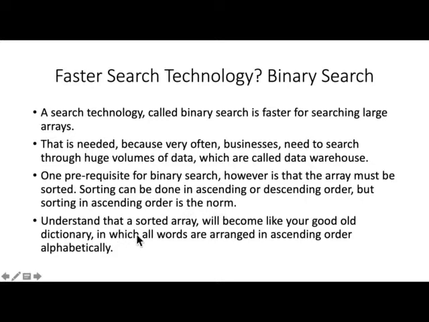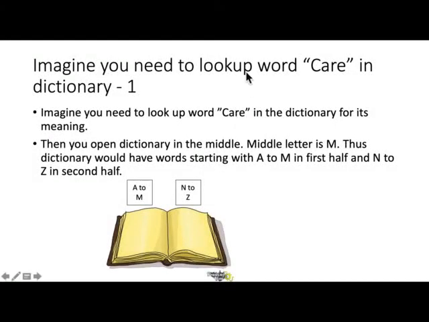Understand that a sorted array will become like your good old dictionary, in which all words are arranged in ascending order alphabetically. So taking an example of a dictionary, we're going to explain the theory of binary search. Imagine that you needed to look up the word care in a dictionary and its meaning.